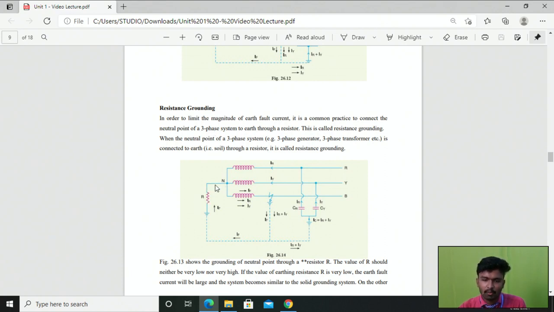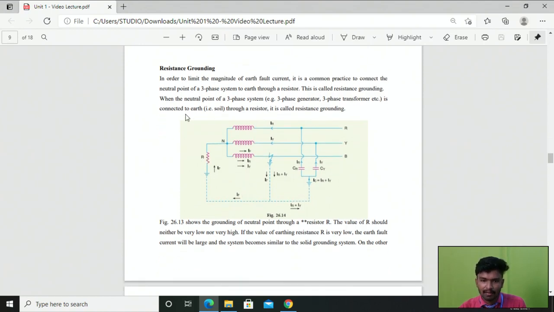If the neutral point of the three-phase system is connected to the earth through some resistance, that is called resistance grounding. The neutral point may be that of a three-phase generator or a three-phase transformer.